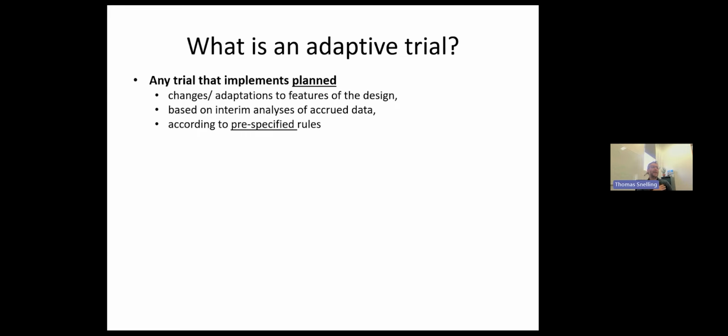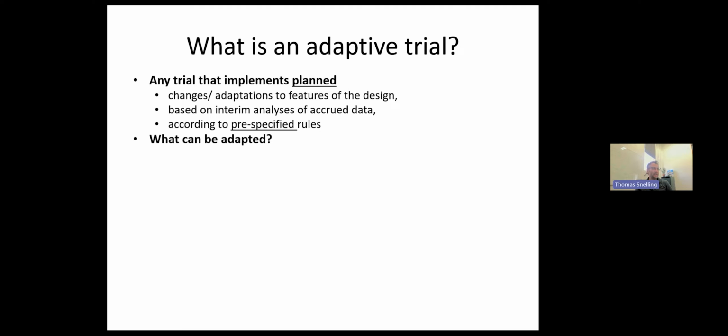So we're talking about adaptations or modifications that are planned in advance of the trial, not ad hoc as the trial is evolving, and according to rules that are pre-specified. So we're talking about having everything planned and documented in advance of the trial, not as the trial is evolving.